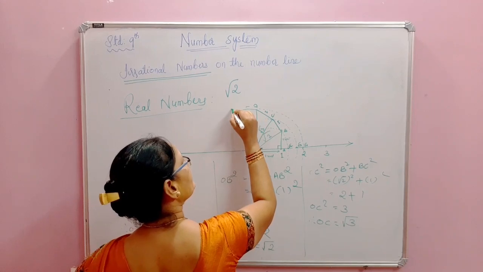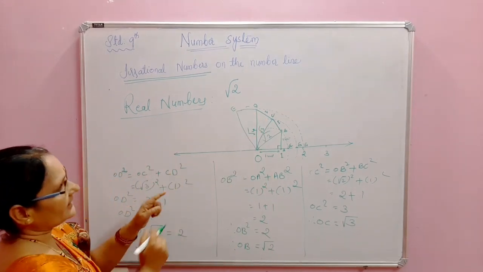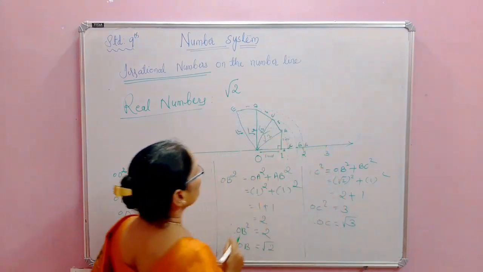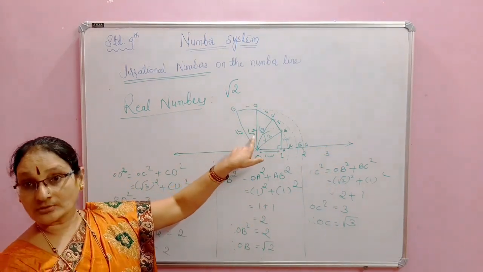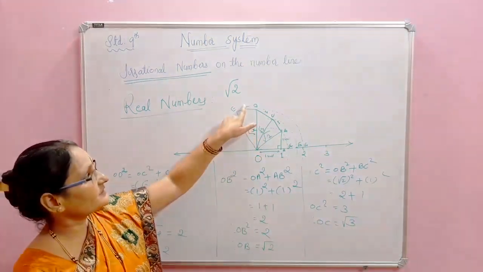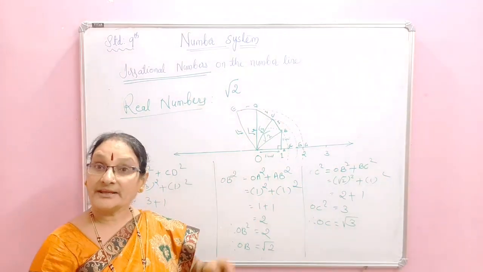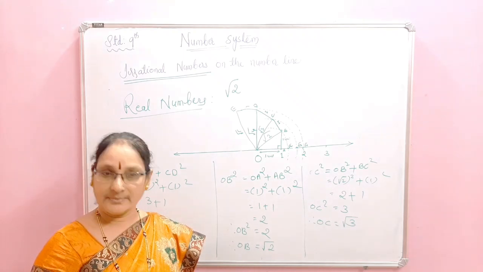See, this is E. So again this is root 5. Root 4 into root 4 is 4 plus 1. This is root 5. This is how to locate irrational numbers on the number line.